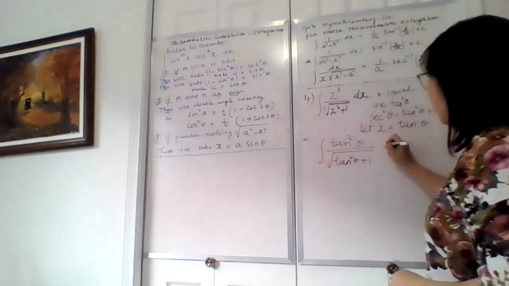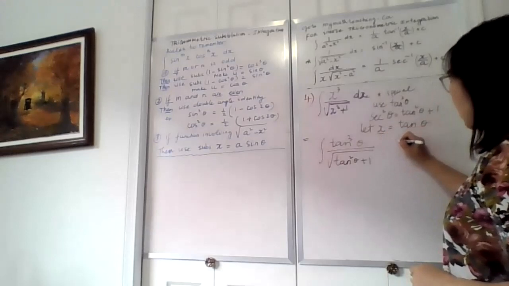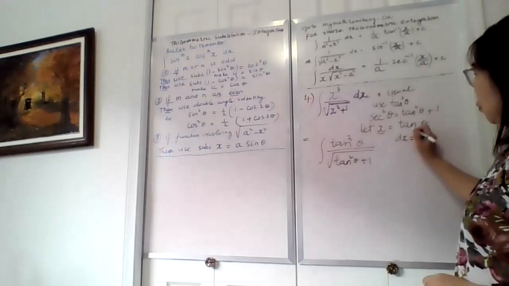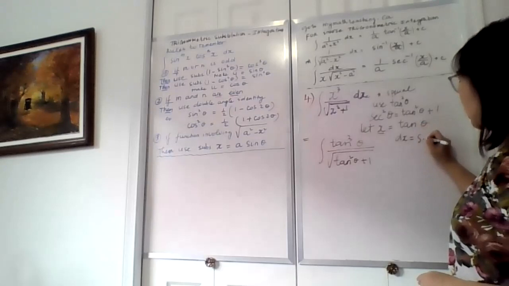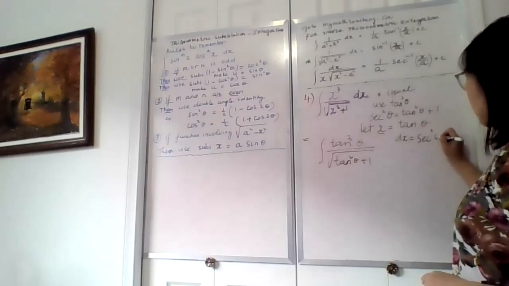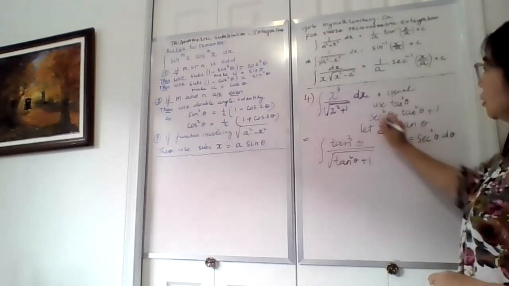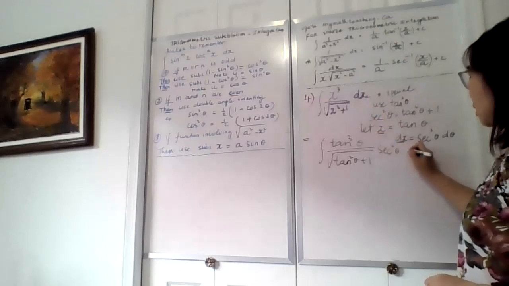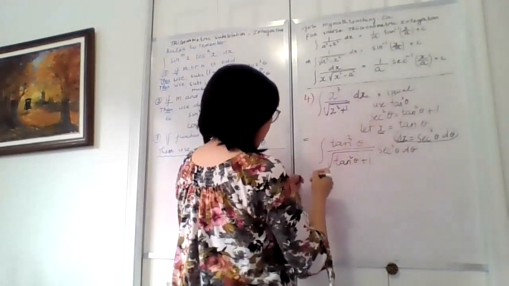Now this will be dx, but if we say let x equal tan theta, then what is dx? dx over d theta will be equal to the derivative of tan theta, which is secant square theta, and d theta. So now I'm going to substitute this dx here by secant square theta d theta, because this is how it looks, right? So I substitute the dx by this expression.